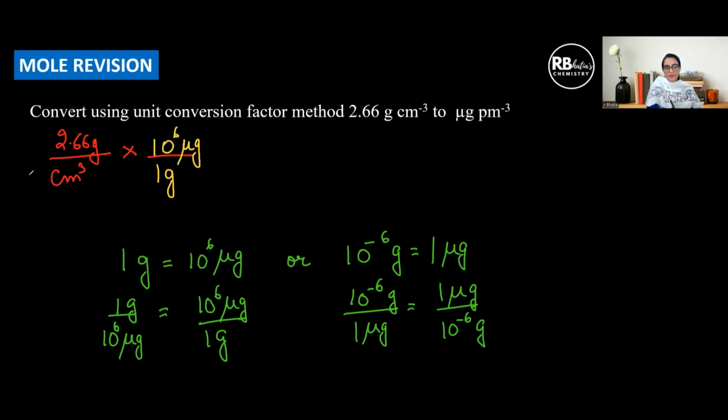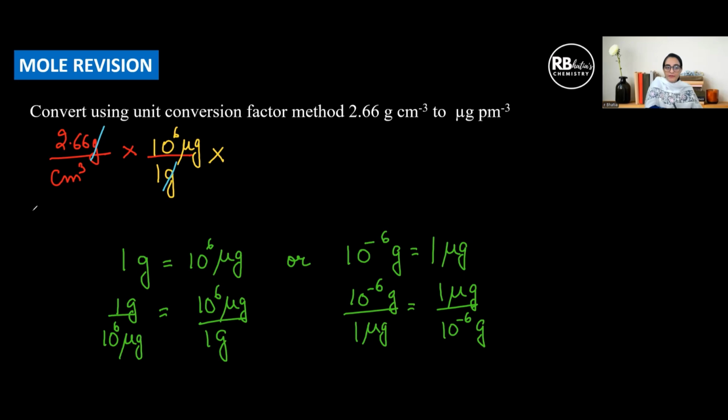What will this help me do? This will help me cancel gram with gram, and the answer will be left in microgram. And that's what we want. Our next step is to convert centimeter cube to picometer cube.